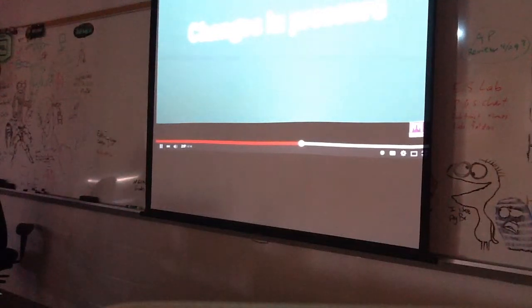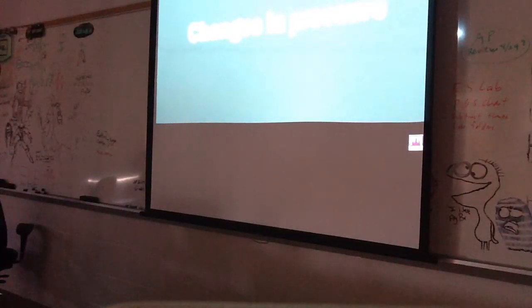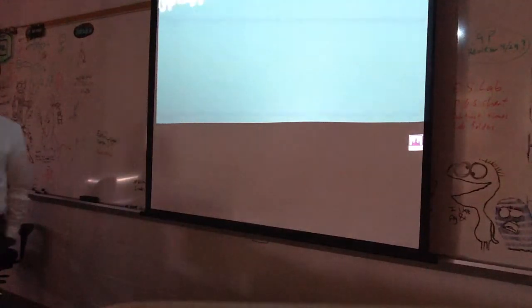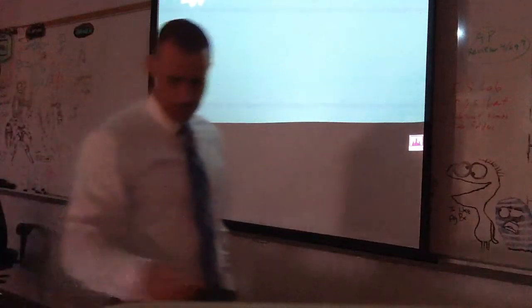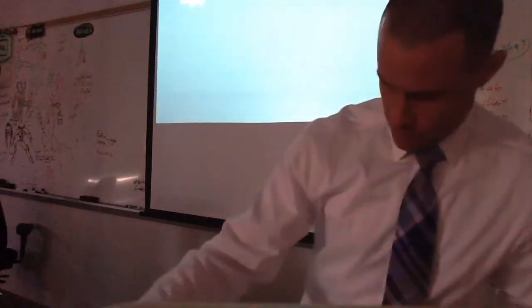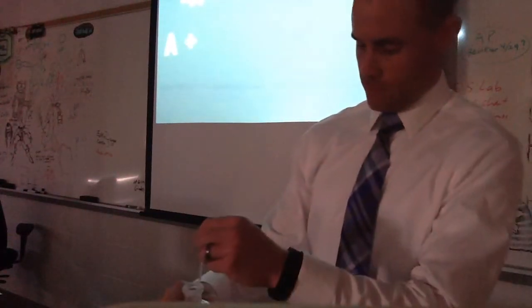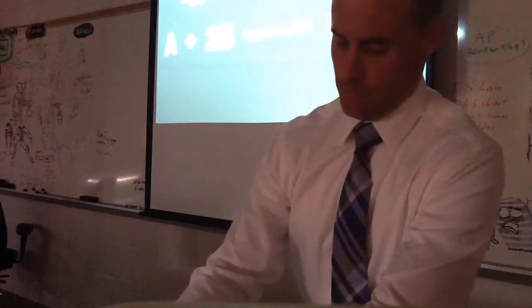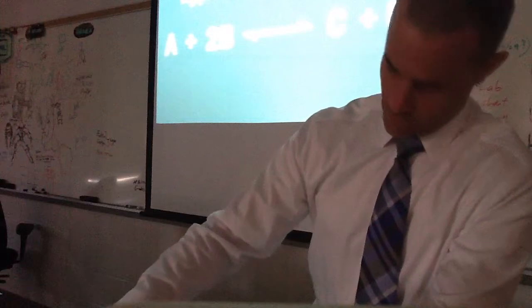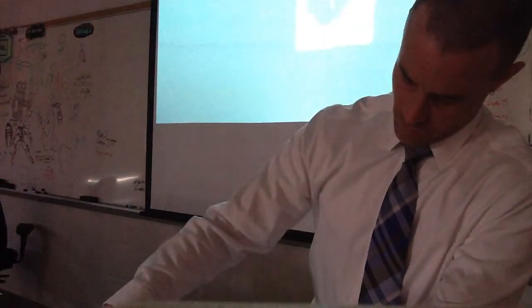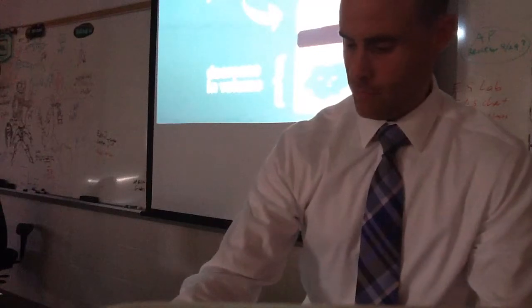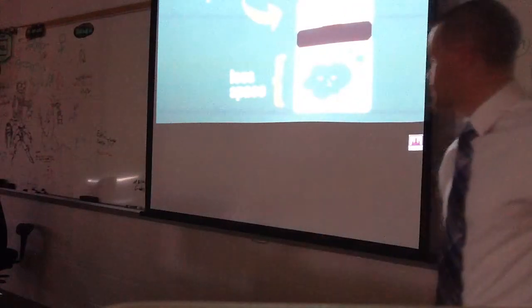The stress to a system at equilibrium is only applicable to gaseous systems. For this stress, we will examine another hypothetical reaction at equilibrium, where reactant A reacts with 2 moles of reactant B to form product C and product D. An increase in pressure means that there is a decrease in volume, so there is less space.